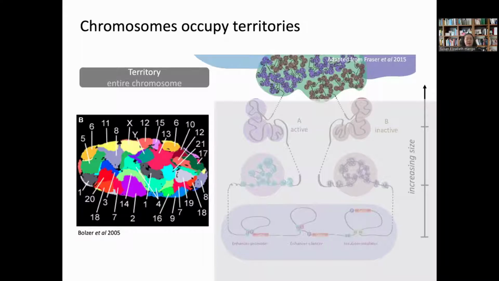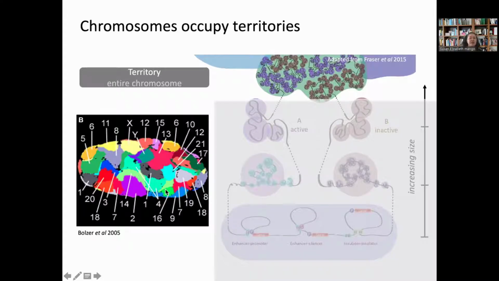People have done many of these staining experiments in different cells. They can see that on average, some chromosomes tend to be in the middle of the nucleus, and some tend to be more to the exterior, closer to the lamina.